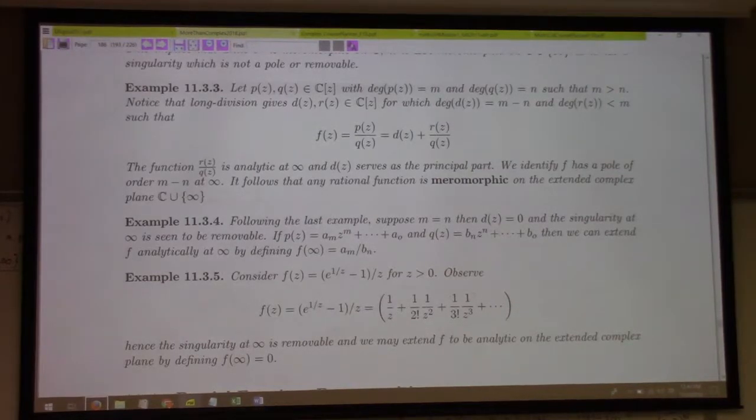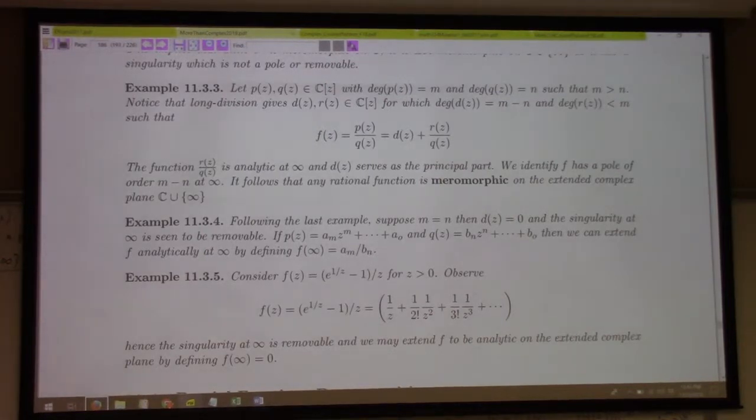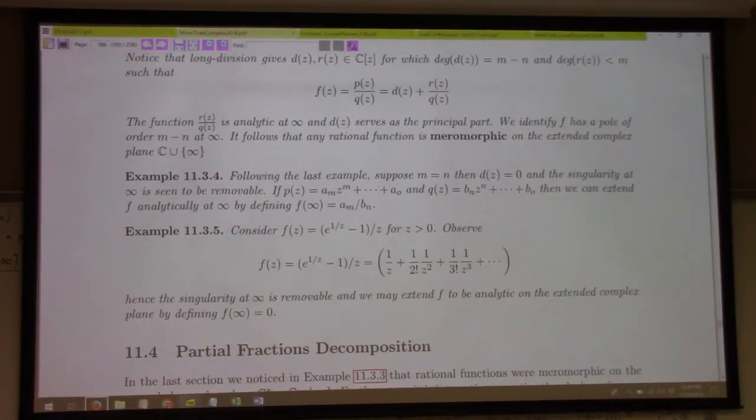Yes, z equal to 0 is an essential singularity, which is not a pole, and therefore this function is not meromorphic on the extended complex plane, because 0 is an essential singularity. So sorry about that. I need to change the wording there. I wanted to confront that directly with you because I'd like to make things correct.